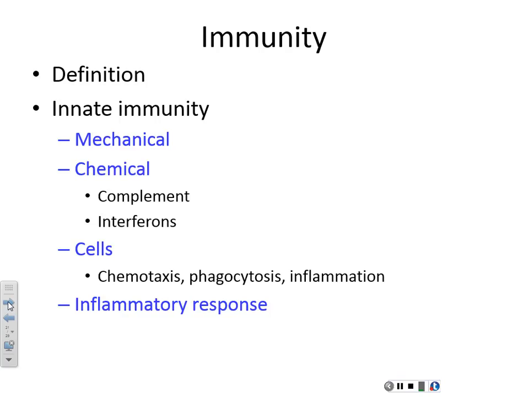Complement can be activated via the classic pathway, which is attachment to antibody-antigen complexes. Remember, on the constant chain there's a part where the complement proteins attach, and then you go to complement fixation, and it will kill those cells that are infected.